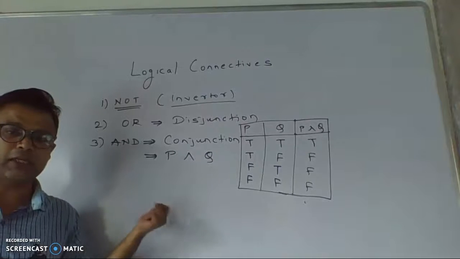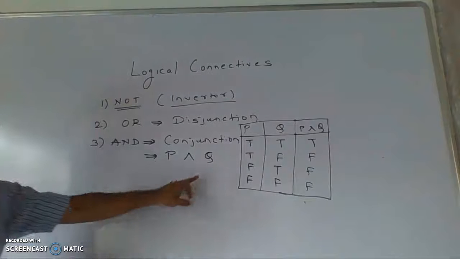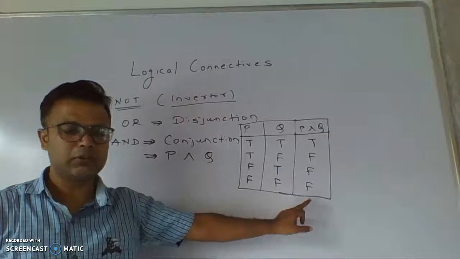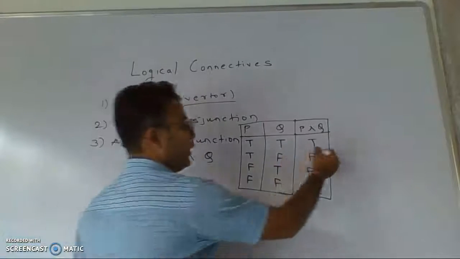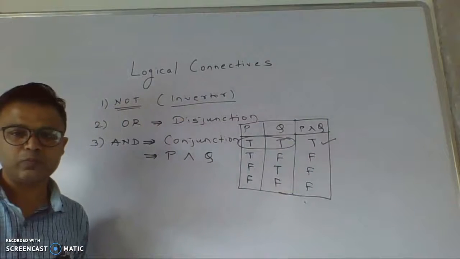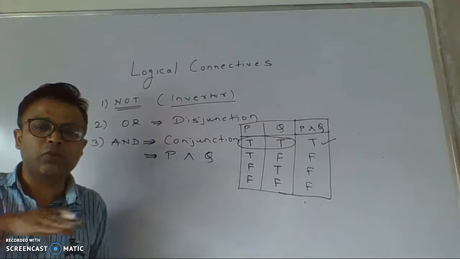That is what we can say from this. So this is true only when both the statements are true. Otherwise it is false. It means all the statements must be true, then only it is true, otherwise it is false.